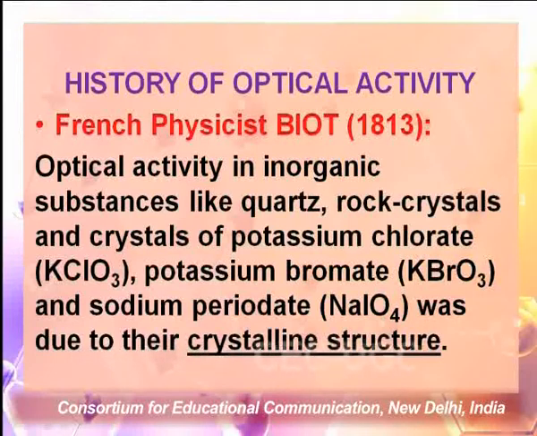In 1813, French physicist Biot found that some inorganic compounds like quartz, crystals of potassium chlorate, potassium bromate, and sodium periodate were able to show optical activity in crystalline structure. How did he come to the conclusion that these inorganic molecules were showing optical activity in crystalline structure only?